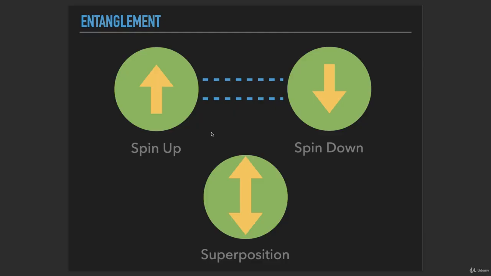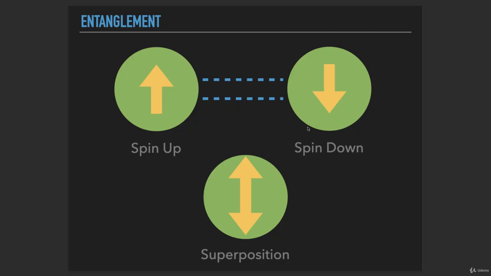So anyway, we're going to have to talk about entanglement a little bit. Physicists have discovered that when two electrons interact with each other, they can be in a setup called entanglement. So they are entangled with each other, which means that their spins have some kind of correlation between them. If you measure one electron, it will be spin up, and the other one will be immediately spin down.